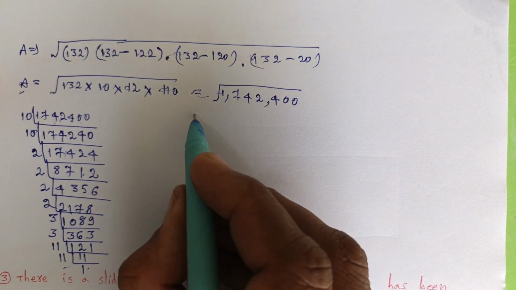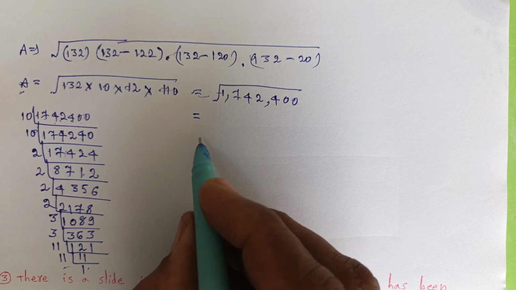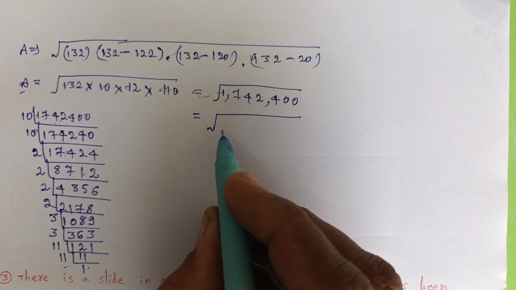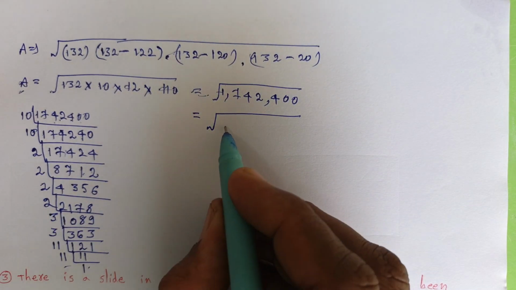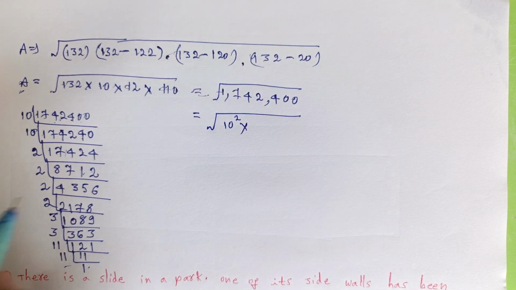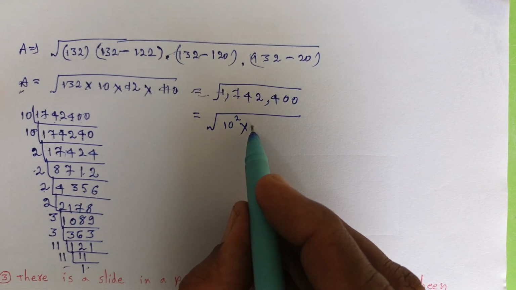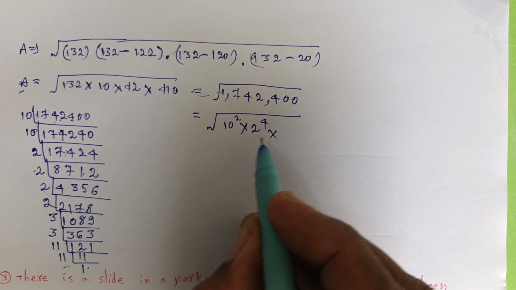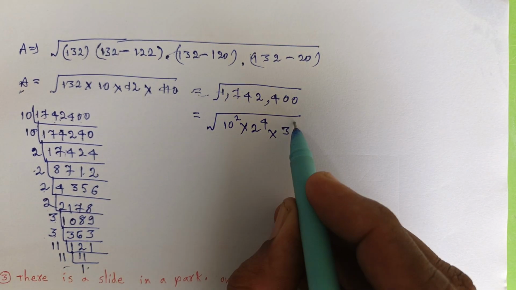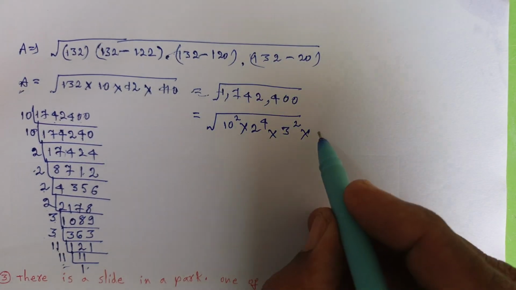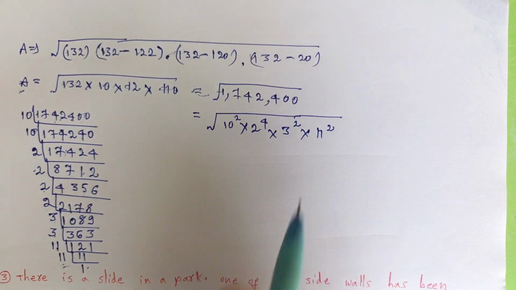Now here under root 1742400, we can write like this. Here 10, two tens are there, 10 square I am taking, and how many 2's are there? 4. So 2 power 4 I am taking, and 2 3's, 3 square. Finally 2 11's are there, 11 square I am taking.